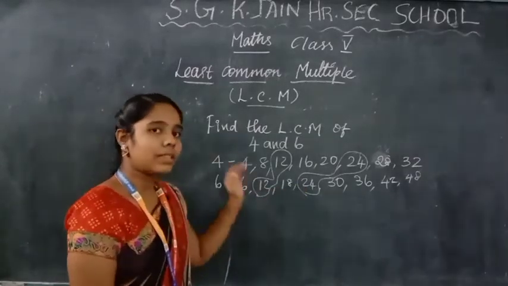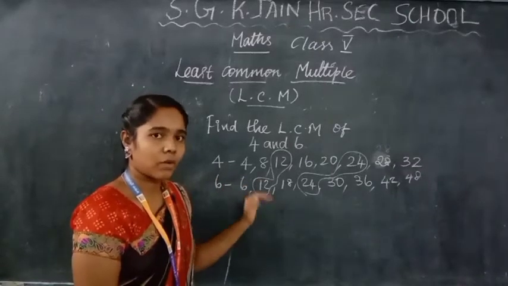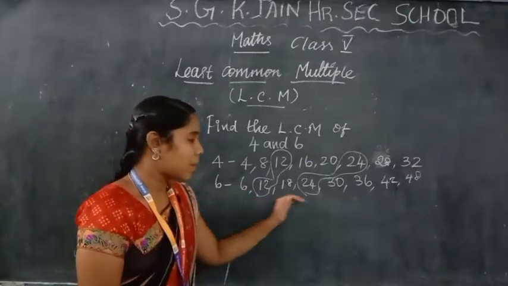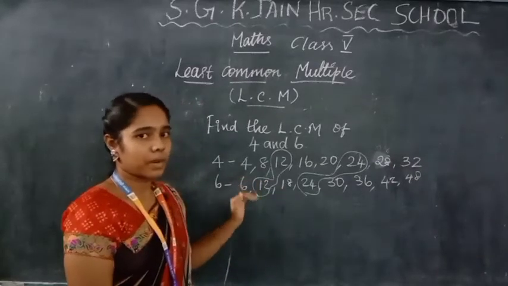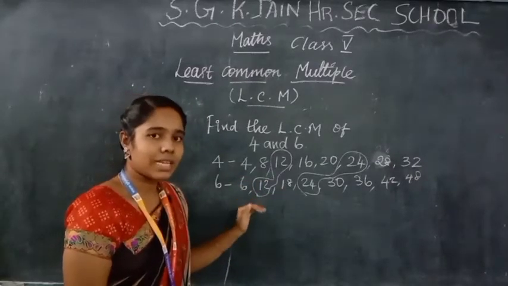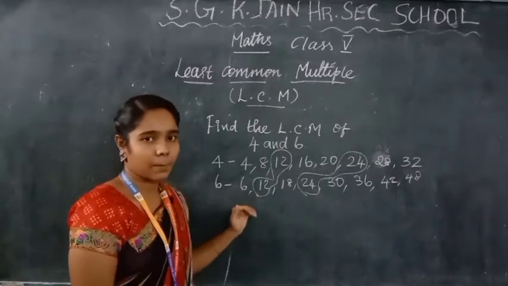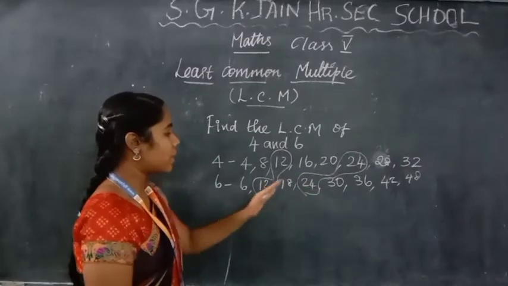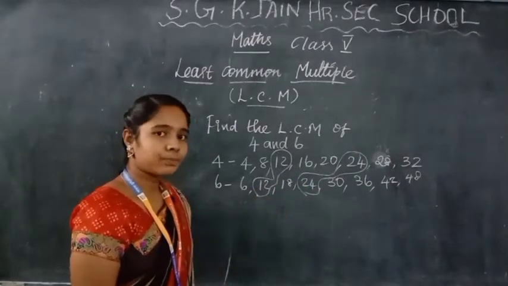So then what is the least common multiple? Now we have found the common multiples of the two given numbers, which are 12 and 24. We have to find the least common multiple. What is the meaning of least? Least means lesser, a small number. So which is the smaller number among these two common multiples, 12 or 24?